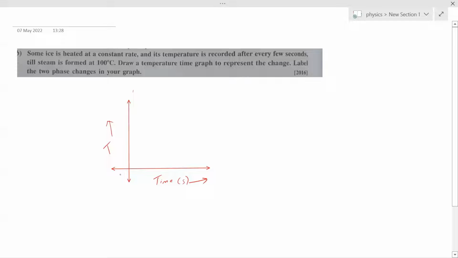Now, first we will take ice at minus 10 degrees Celsius. How ice at minus 10 degrees? The question is not given. Where is ice at minus 10 degrees given?